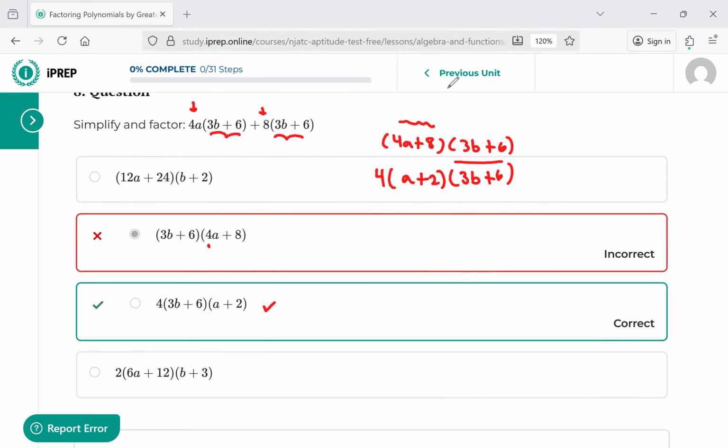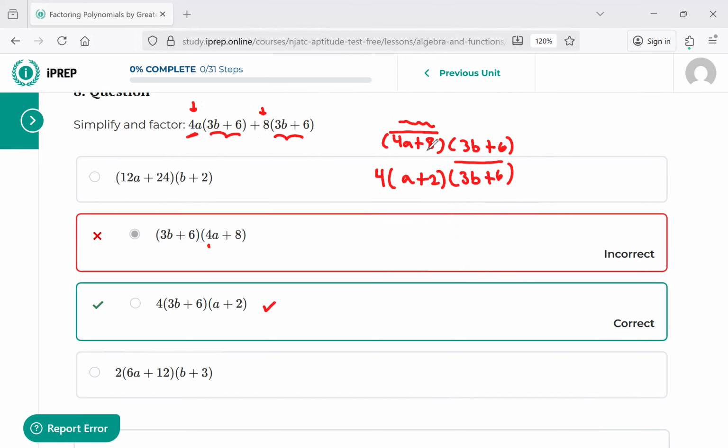Okay. So yeah, let me repeat what they did. You didn't have to FOIL this out and you didn't have to simplify. You see that there's a repeat of 3b plus 6 here and here. So when you have a repeat, bring it down. So I wrote the 3b plus 6 only once, and then I bring down my leftovers, the 4a and the 8. Then you want to factor it a little bit more.